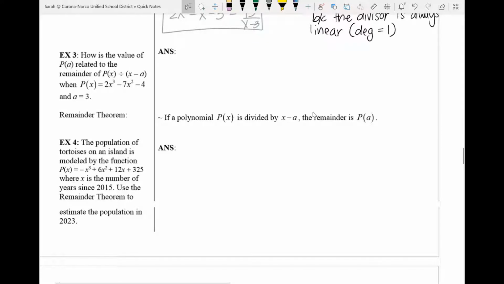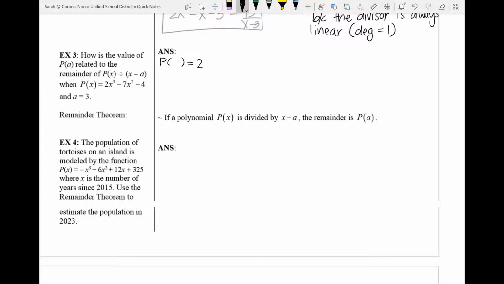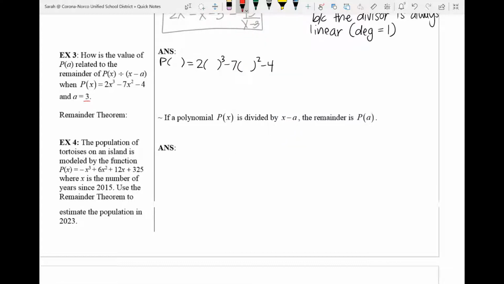So what they're asking us to do is to take 3 and plug it into p of x. So they want us to find p of 3, where p of x is 2 times x cubed minus 7 times x squared minus 4. And then we're going to plug in that value 3 for a.